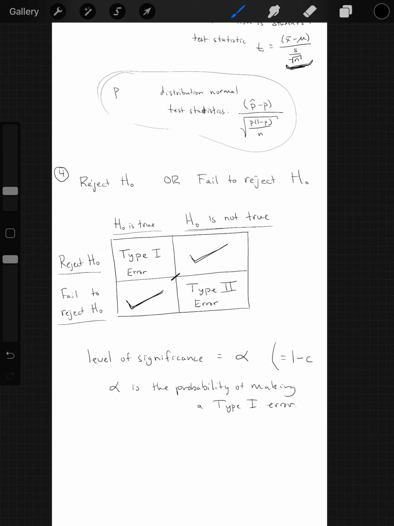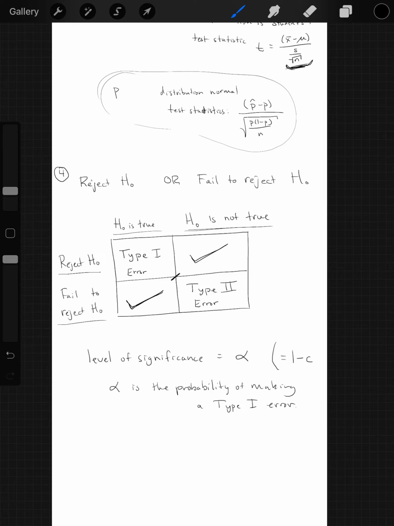So when you see a problem saying, do this work with a level of significance of 0.05, that means we have a 5% chance of rejecting H naught even though it was true.